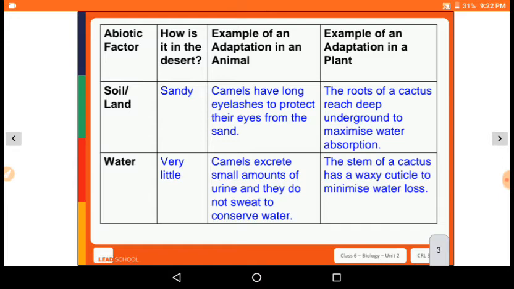Next, water: in a desert there is very little water. Camels excrete small amounts of urine and they do not sweat, to conserve water. And the stems of the cactus have a waxy cuticle to minimize water loss.